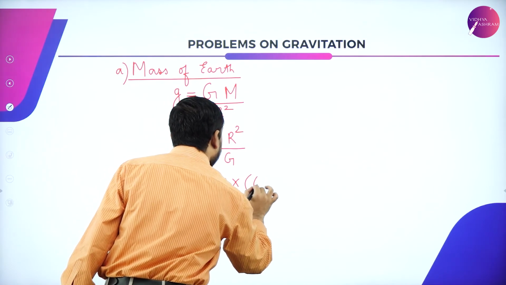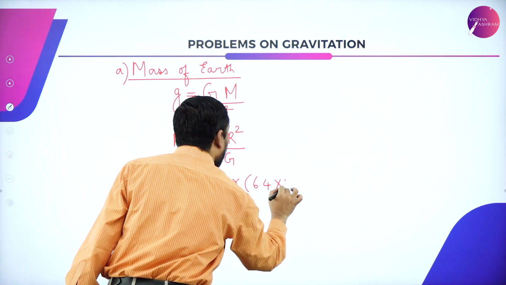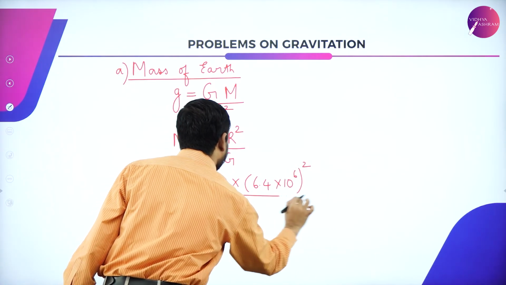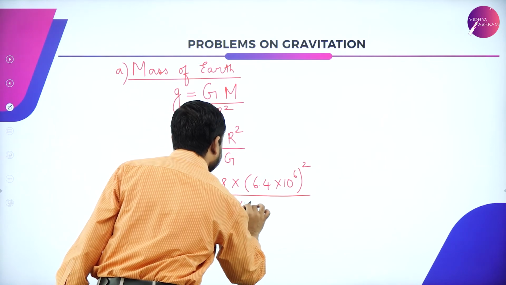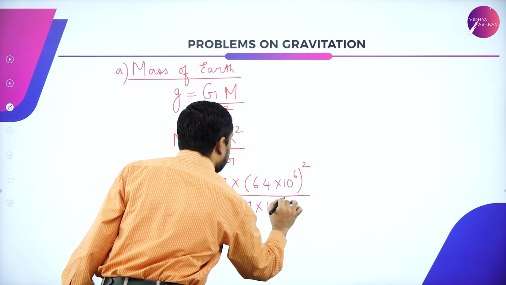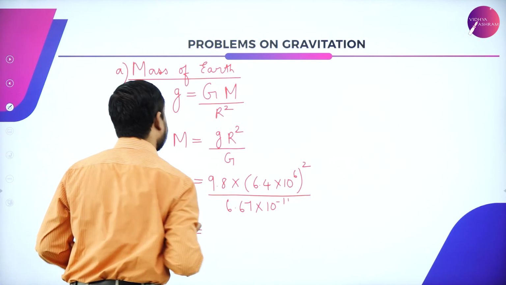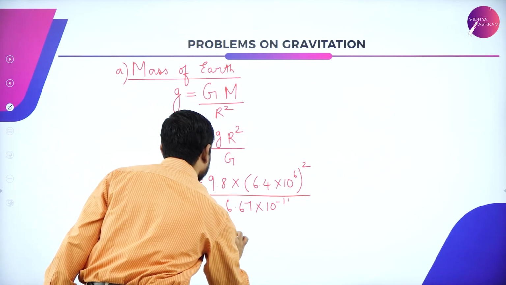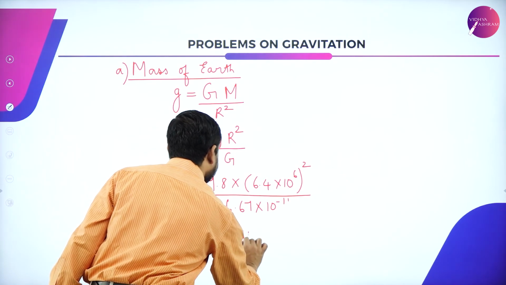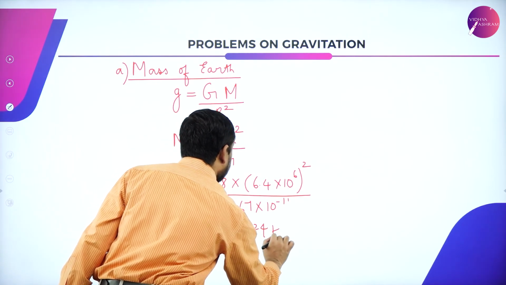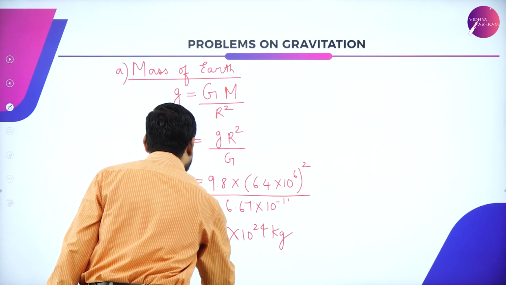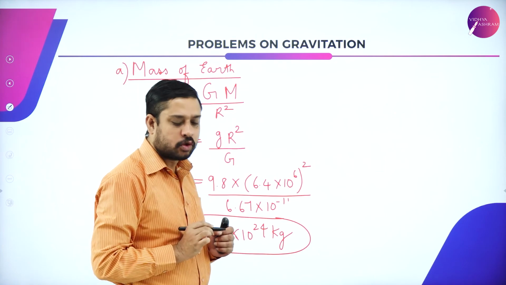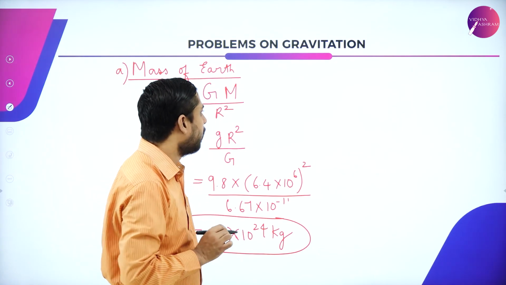9.8 into 6.4 into 10 power 6 whole square, divided by 6.67 into 10 power minus 11. So on simplification, 6 into 10 power 24 kgs. So this is a constant. You should always know this is the mass of the earth.